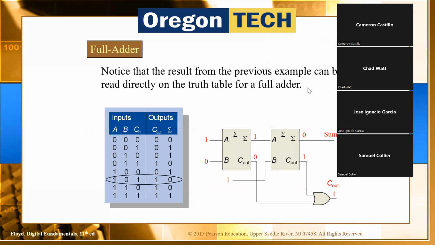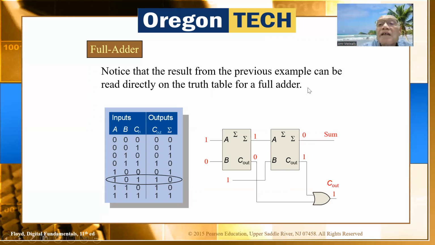This one here is saying, in the previous example, the inputs are A 1, B 0, and C in, the third one, was 1.